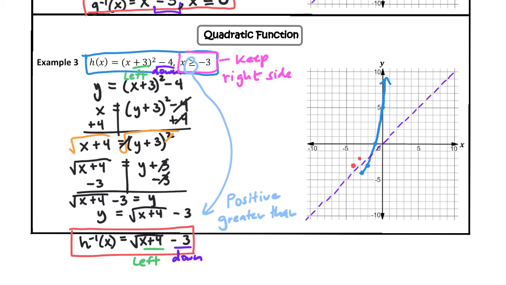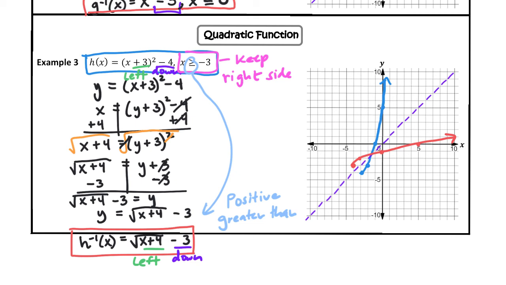Okay, so it's 1, 1, 4, 2, and 9, 3. There we have it. The red and the blue are a great reflection of each other.